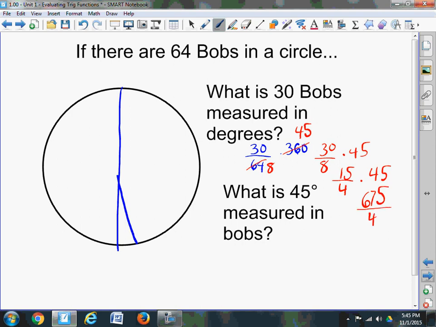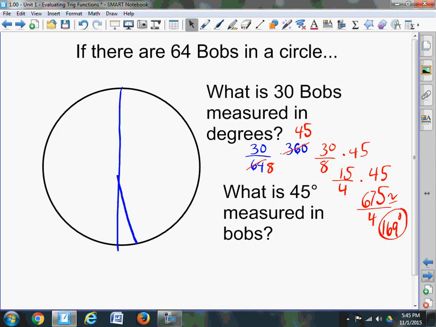That goes in 150 times plus another 18, so it's about 169 degrees. I think it's 168.75, and we could reason it's going to be less than 180.